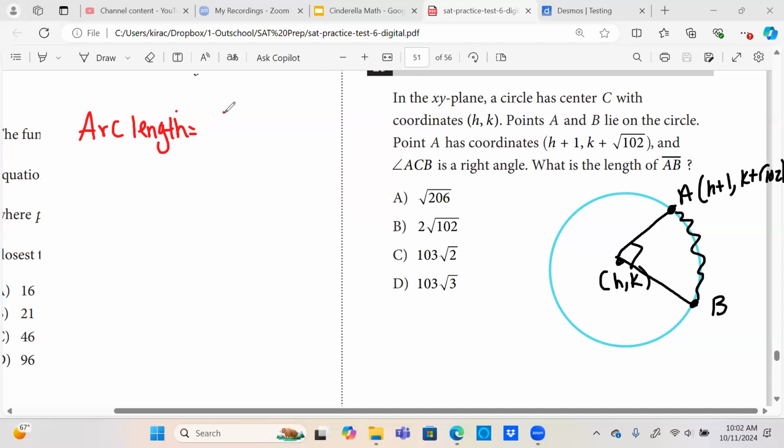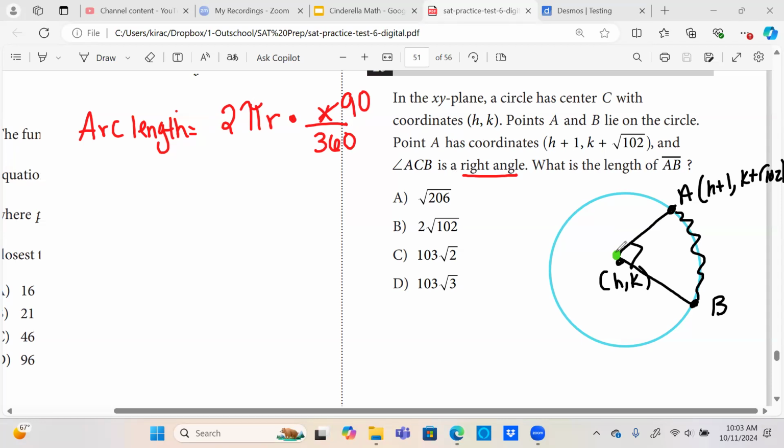So circumference is 2 pi r, and then your degree out of 360. That's probably on the formula sheet. If you want to go check, feel free. So we are told that this is a right angle. So our degree is 90. So we can go ahead and put that in. We don't know the radius. So we need to get that.